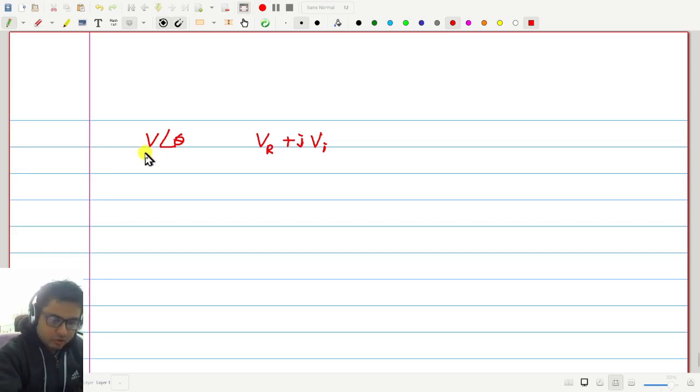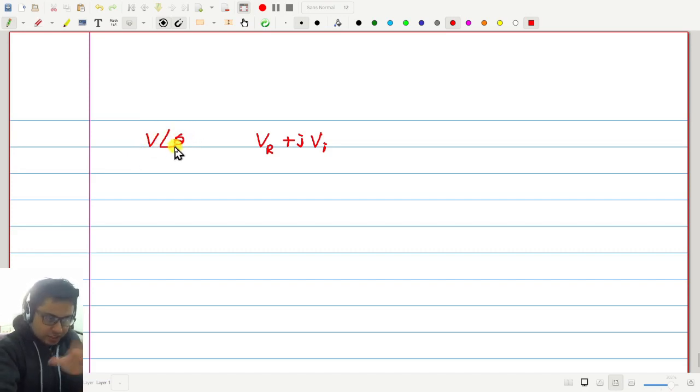So a phasor voltage can be represented in this form, where we have two variables, the magnitude and the angle, or the real and the imaginary parts. Now in the polar potentiometer we can search for the magnitude and angle separately.